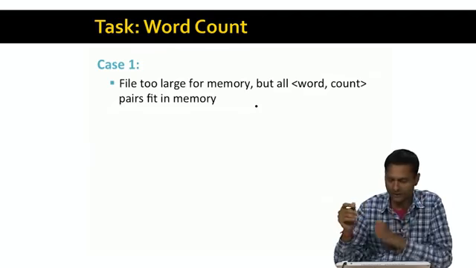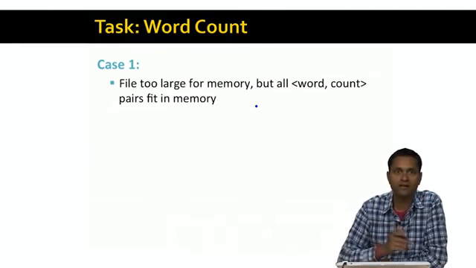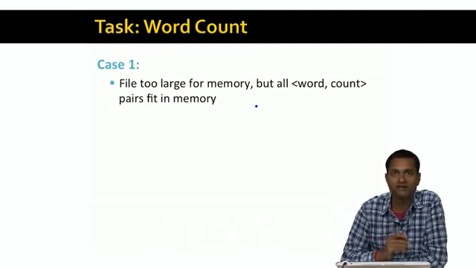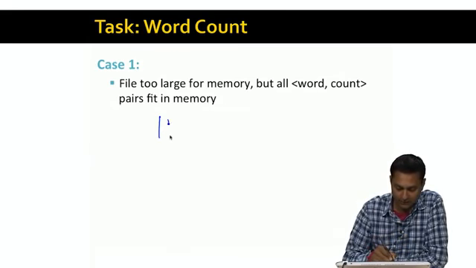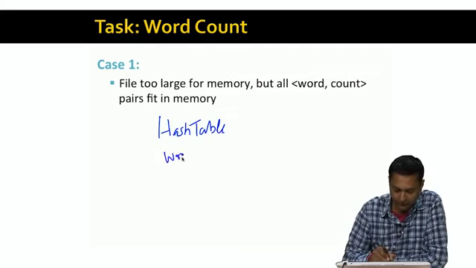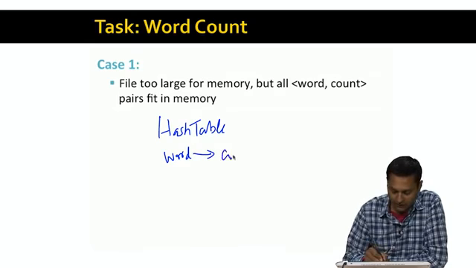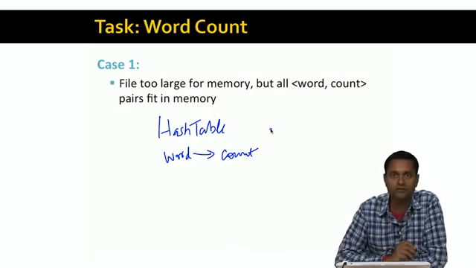Well, it turns out that in this case, a very simple approach works. You could just build a hash table indexed by word, and the hash table for each word will store the count of the number of times that word appears.